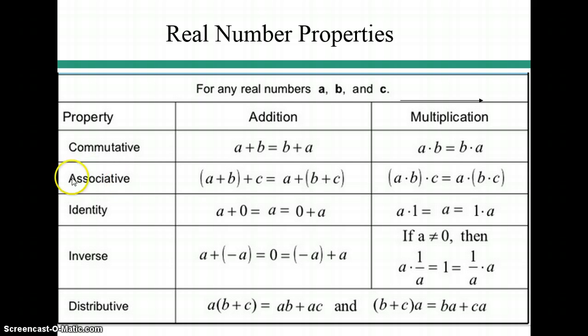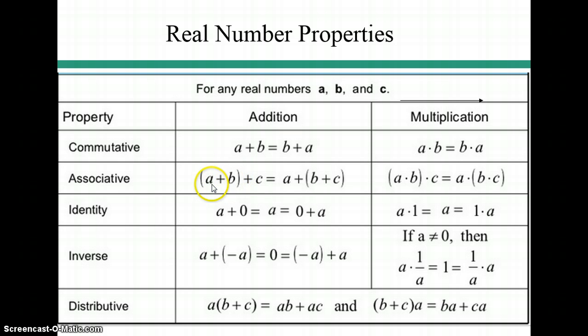Let us discuss the associative property for addition. Look at here, three real numbers. We add three numbers, but here we gave the parentheses.